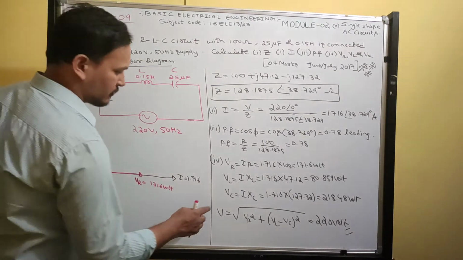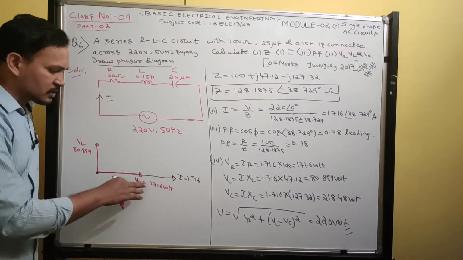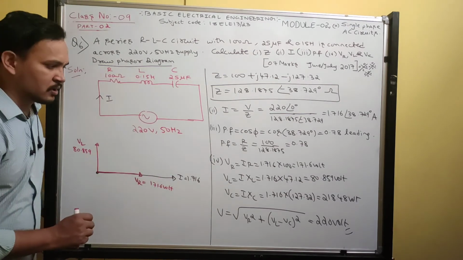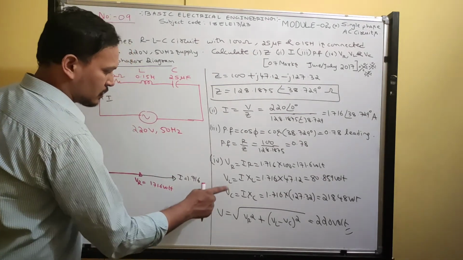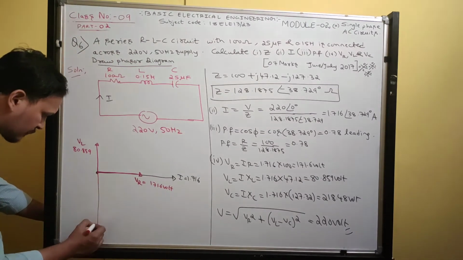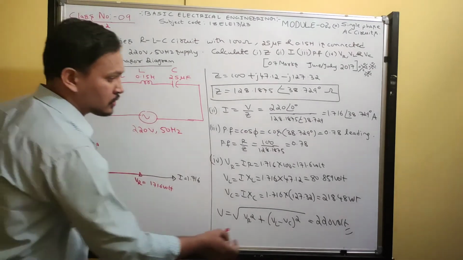Okay. Next, with respect to current, voltage across capacitor lags, because current always leads the voltage by some angle in a capacitor circuit. If the reference is current, voltage across capacitor lags by how much? Lags by 90 degree. But what is this phasor's magnitude?